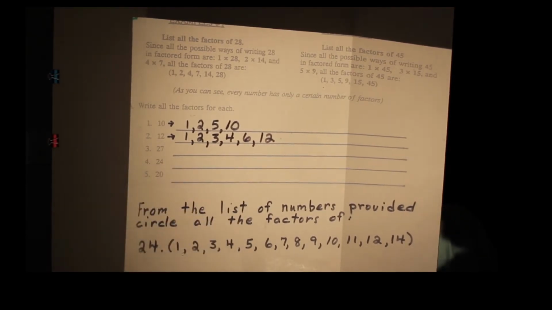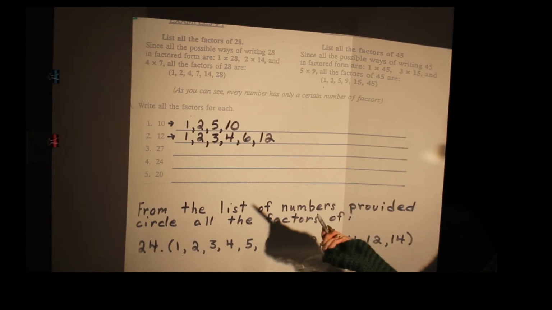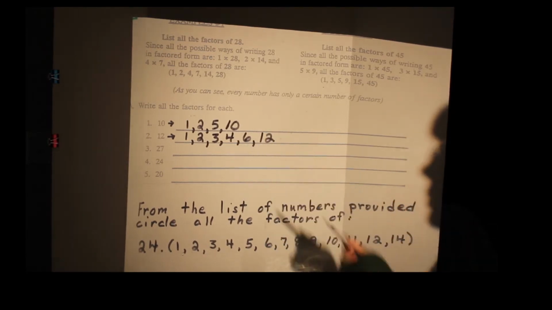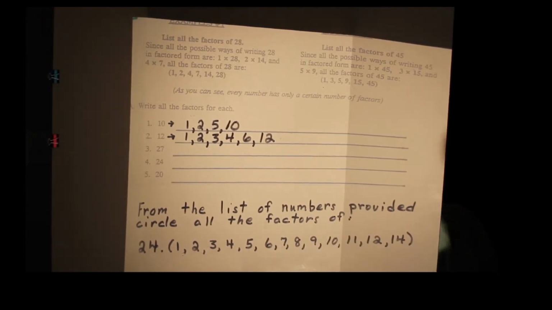When you go along, you don't have to write the numbers more than once. You just write 1, 2, 3, 4, 6, 12. Put commas in between. You can put a period at the end if you want. That's the end of your answer.